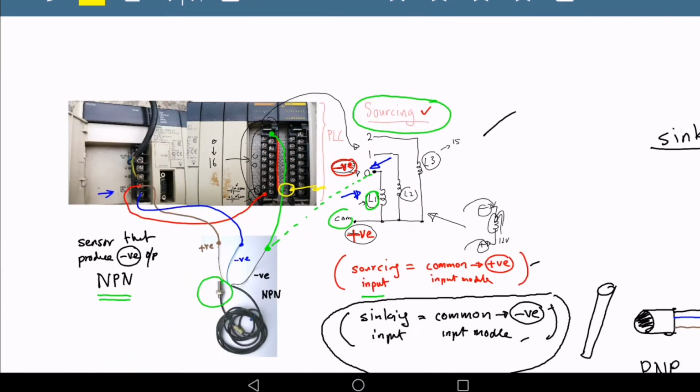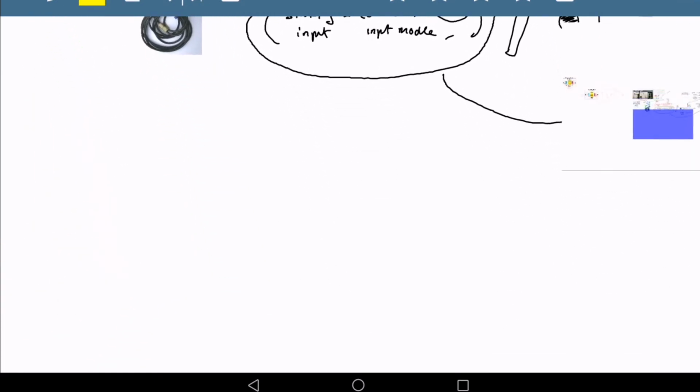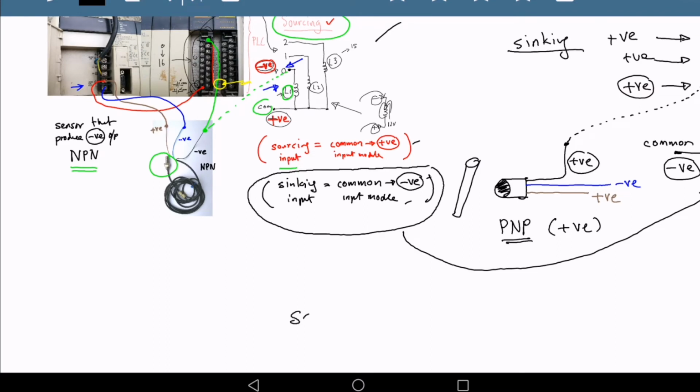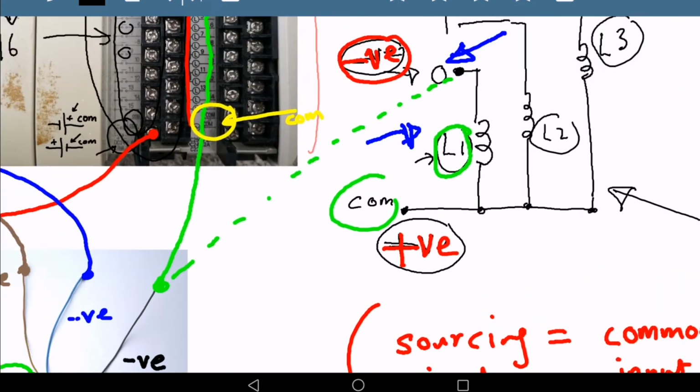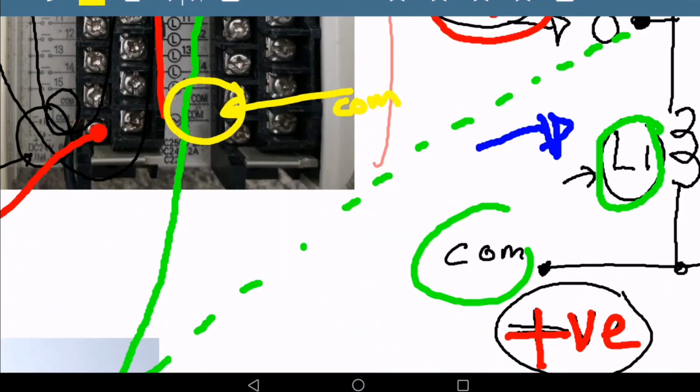What happened inside the output module? For sourcing output, common connected to positive. This common connected to positive.